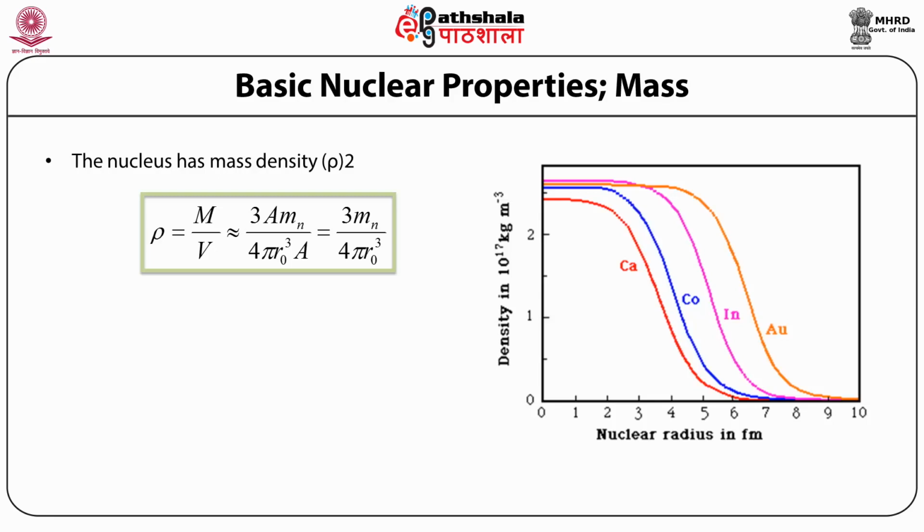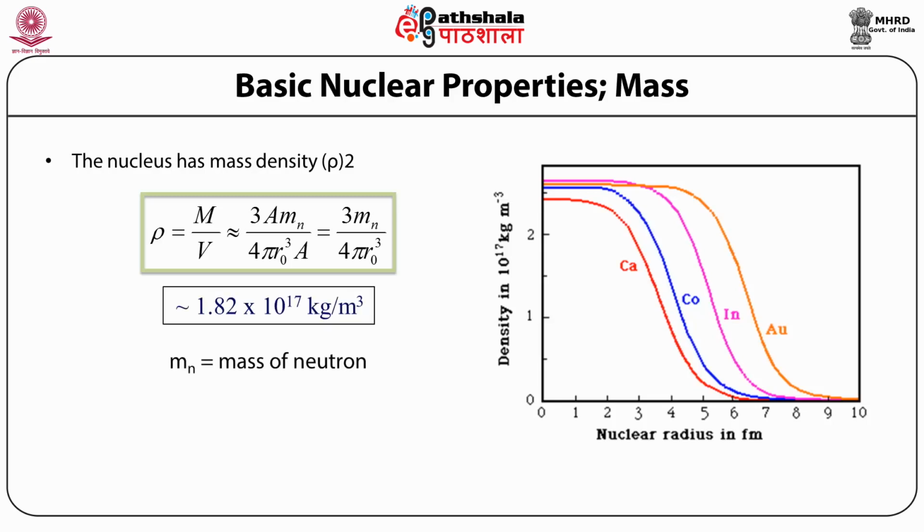So when we solve all this, we get the expression rho is equal to 3 mn over 4 pi r0 cube. Now 3 by 4 is a constant, mn is constant, pi r0 cube is a constant. So when we put in their values, we get the mass density of the nucleus as approximately 1.82 into 10 to the power 17 kilogram per meter cube.